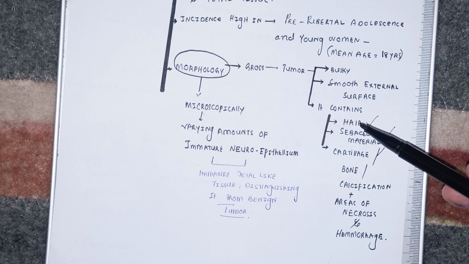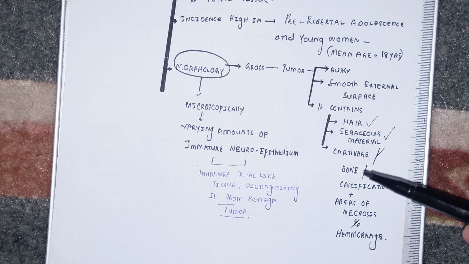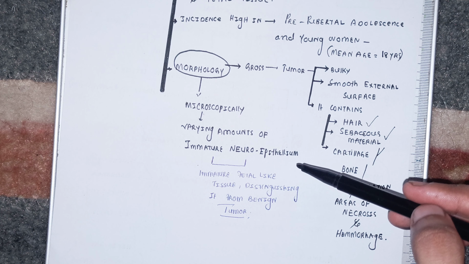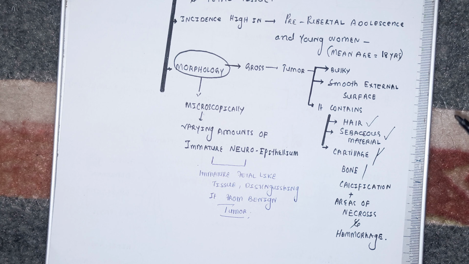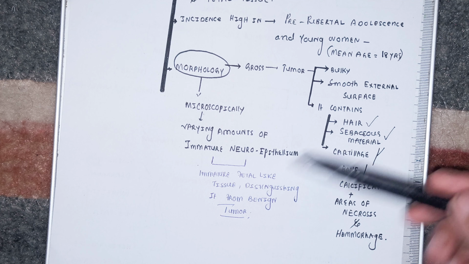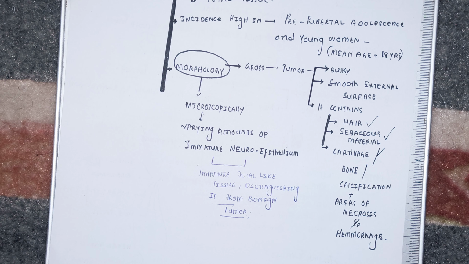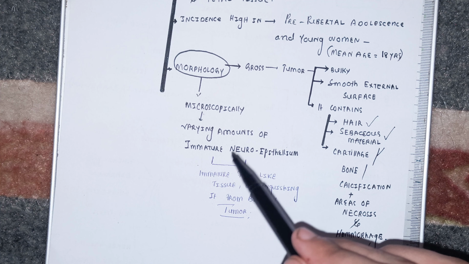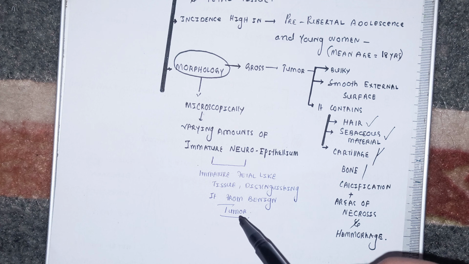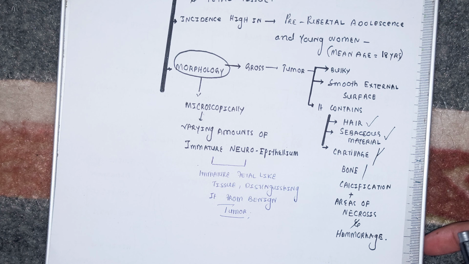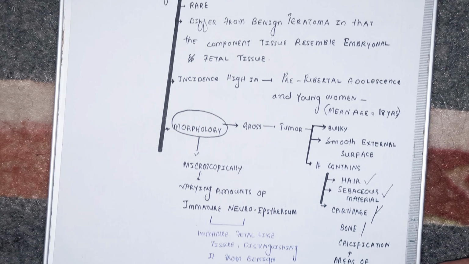All these structures are immature. Almost all of these were present in the benign teratoma as well, but in that case they all were mature tissues. Very important thing is immature neuroepithelium. It is an immature fetal like tissue, distinguishing it from the benign tumor. Okay. In case of benign teratoma, the mature tissue was present.